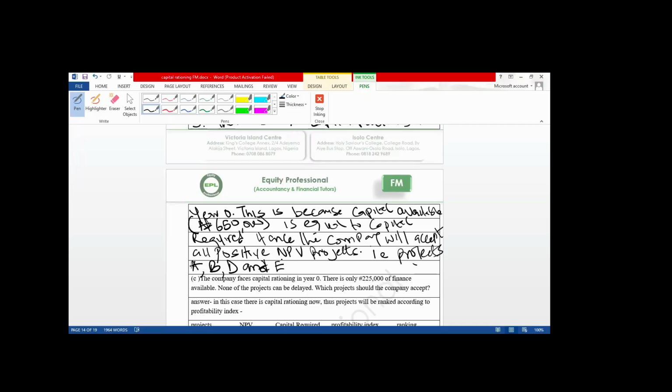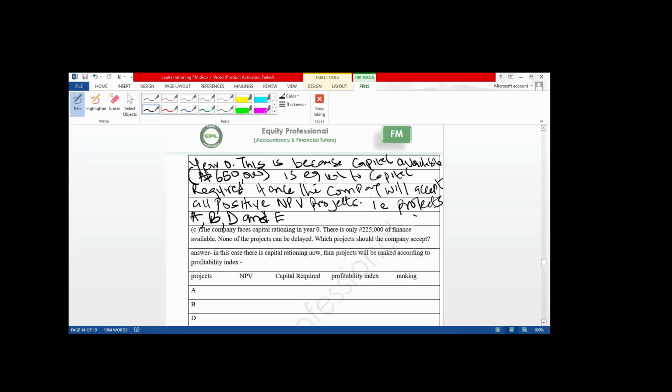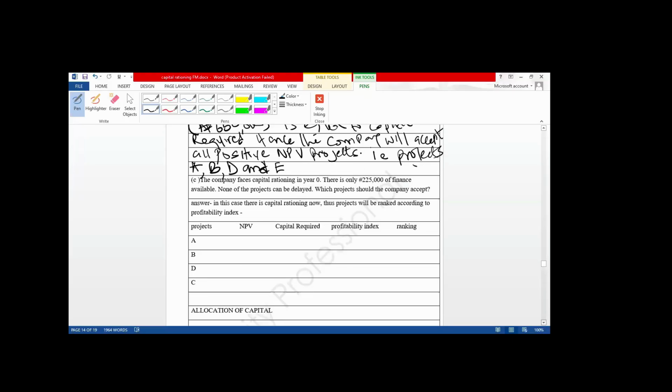Finance available, 225. That means there is obviously capital shortage. In this case, project C is not financially viable. So it should be projects A, B, D, and E.